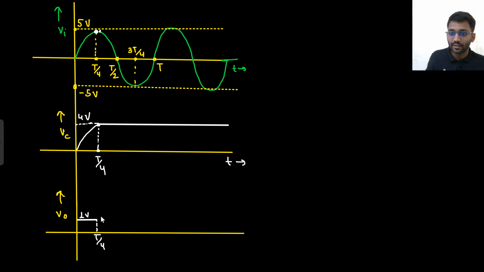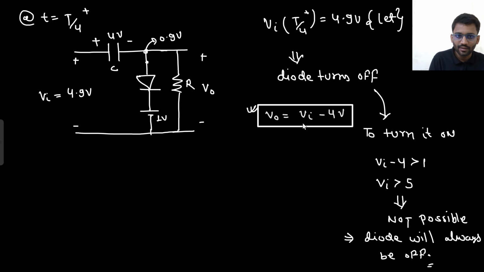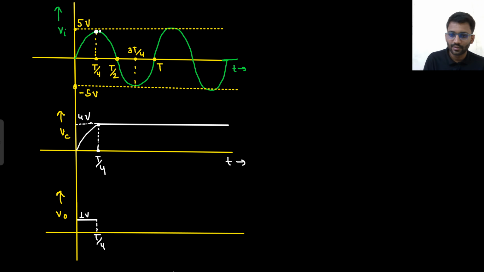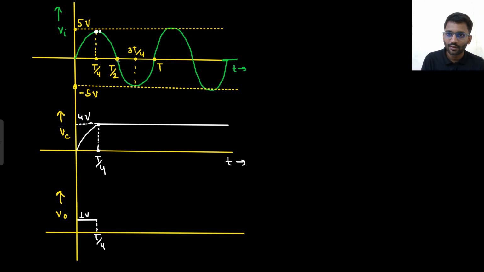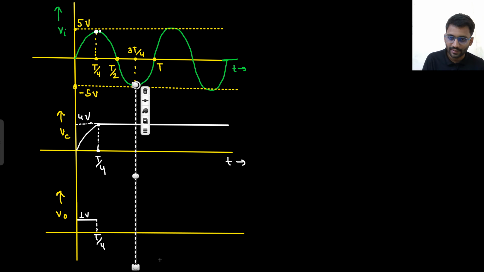When Vin is 4 volt, it will be 0 volt. So like that it will go on. And when it is 0, it will be minus 4. And when it is minus 5, it will be minus 9. So till minus 9 it will go.